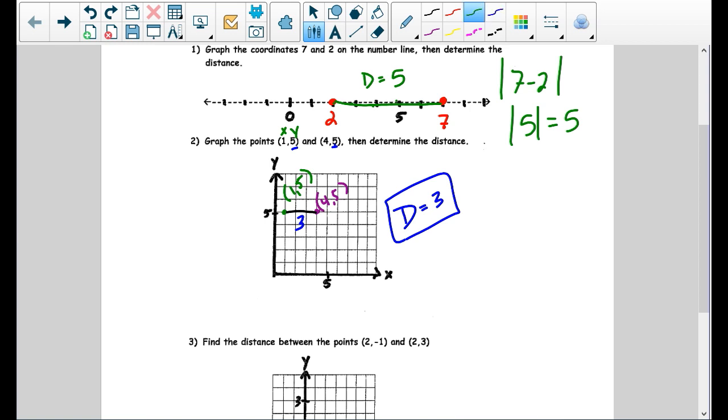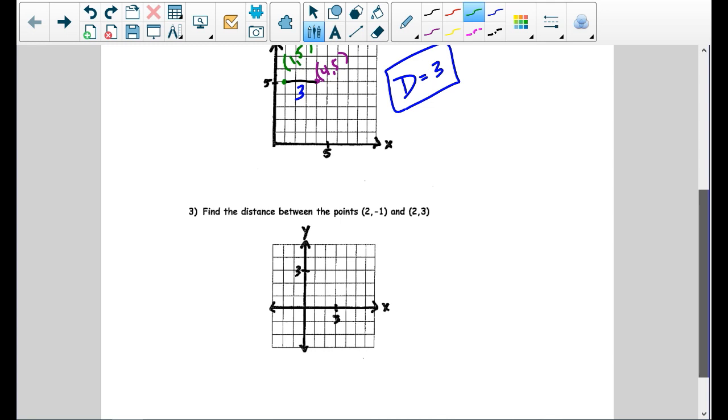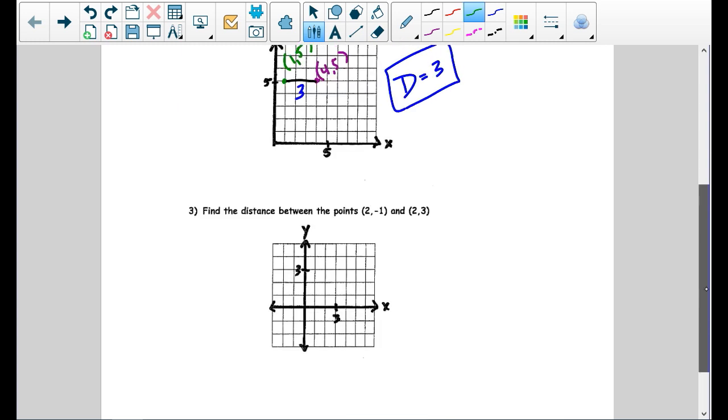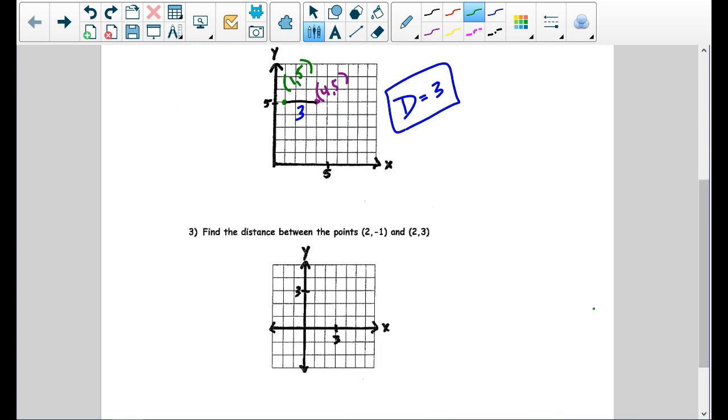These y values are both 5. So when I have my y values being the same number, or like in number 3, you can see my x values are the same, 2 and 2. I'm going to be able to count this as well.